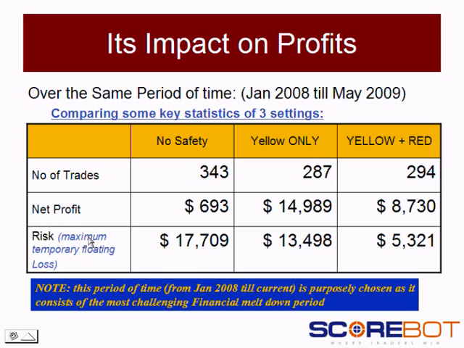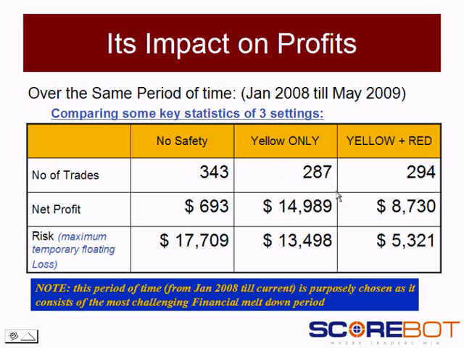And once you turn on the yellow, you will realize that almost 20 to 30% of trades is being disallowed. Reason, because the price has breached into the yellow zone and the system disallows opening of further trades. So you can see that there is a drop of the number of trades. Then let's look at the net profit.